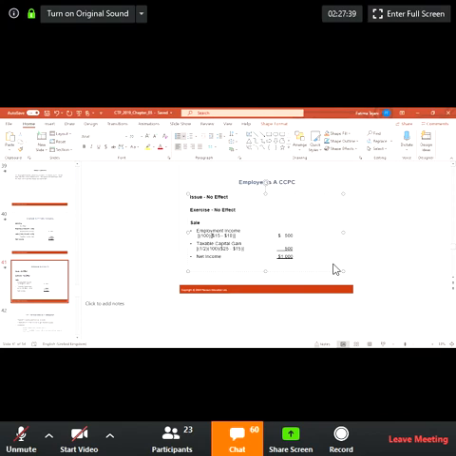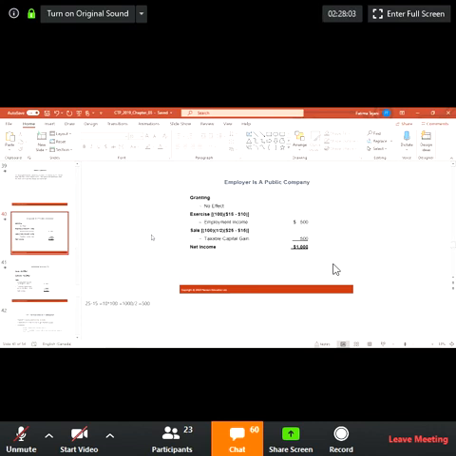The amount will only be included in employment income when you sell the share. That will be the same amounts, 500 and 500. However, this amount will be included as a taxable benefit only when the employee sells the share. So there is a difference between a CCPC and a public company. In a public company, if an employee buys the share, it will immediately be added to their T4, in the next T4.